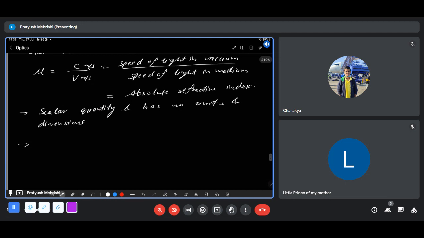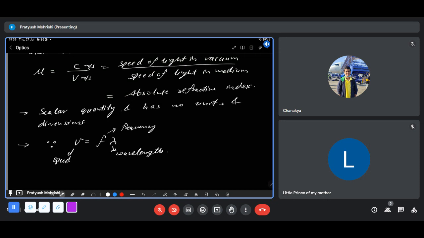Next point. Since we know that velocity is equal to frequency multiplied by wavelength, speed equals frequency times the wavelength.